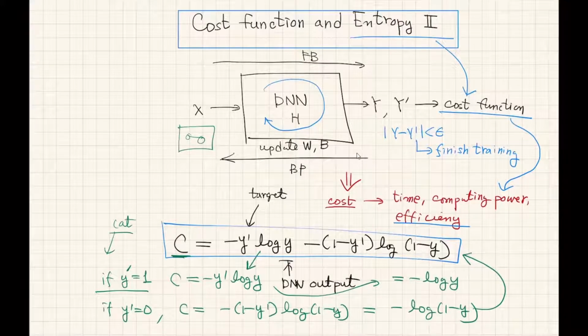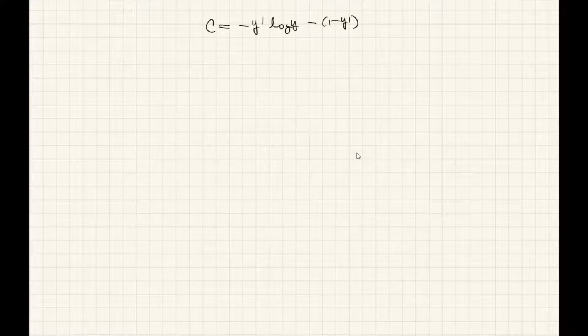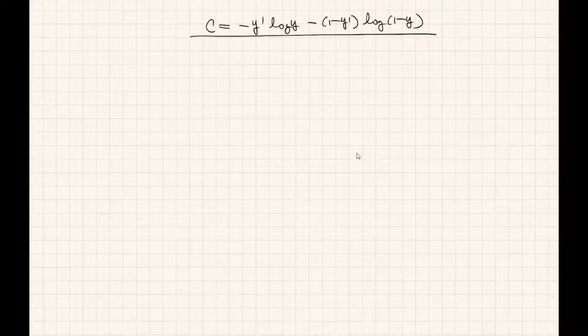So these are two different cases, and in both cases, C will be the minimum value. That is the purpose of our cost function. Let me talk a little bit more about that. This is the definition of the entropy cost function.